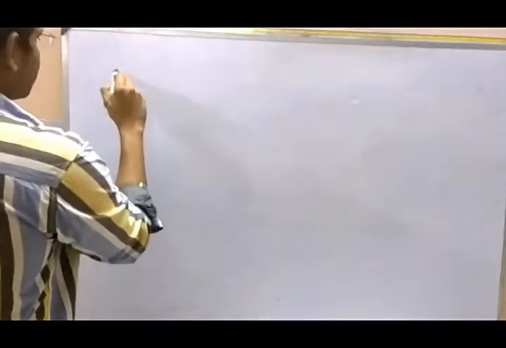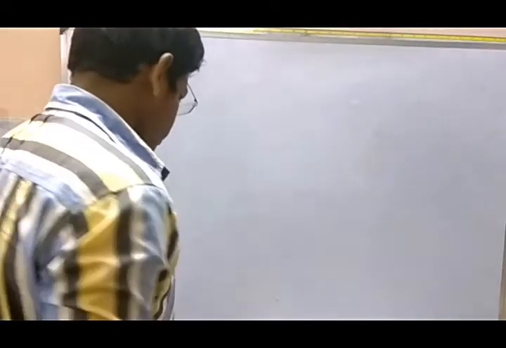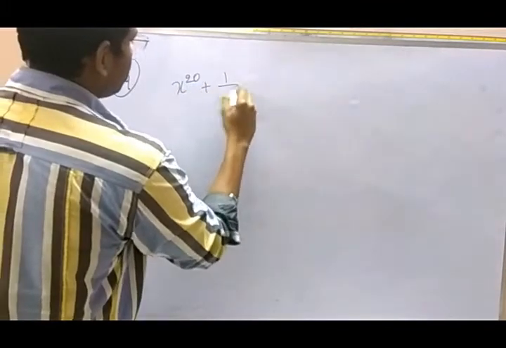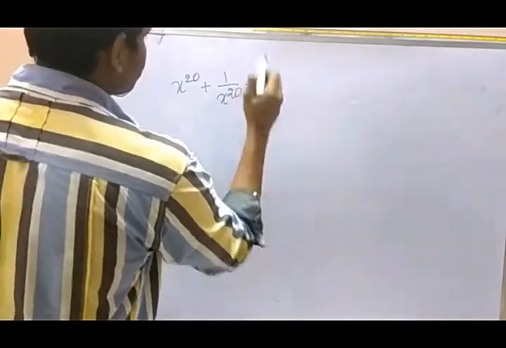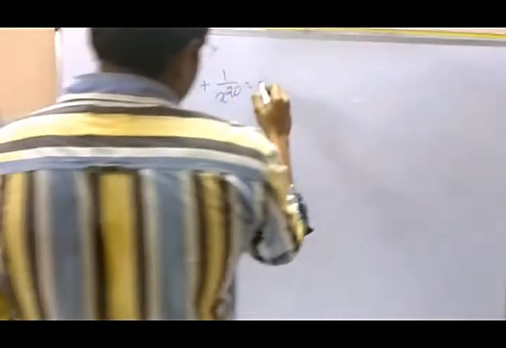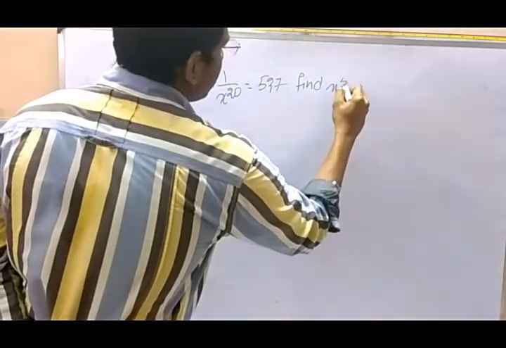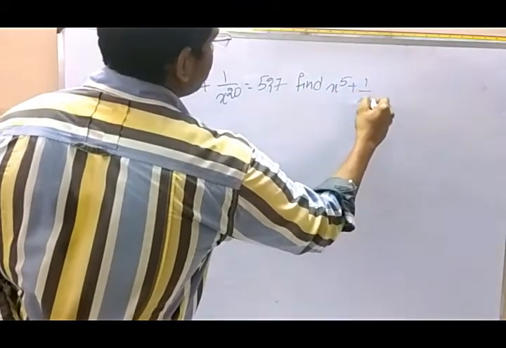Okay. We'll take the next question, 24th question. We have x power 20 plus 1 by x power 20 equal to 527, and they asked us to find x power 5 plus 1 by x power 5.